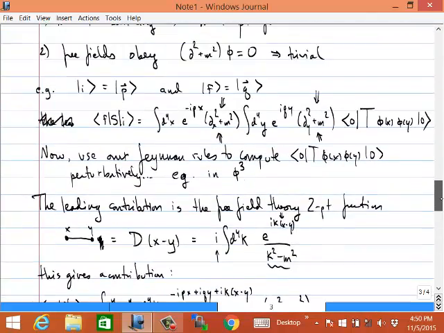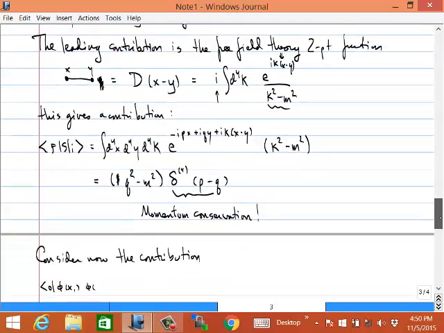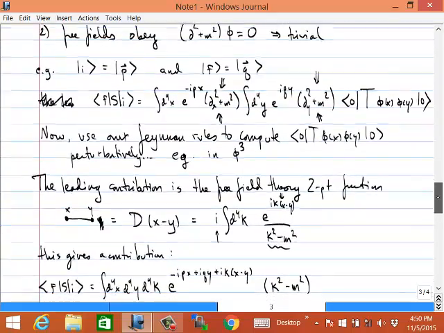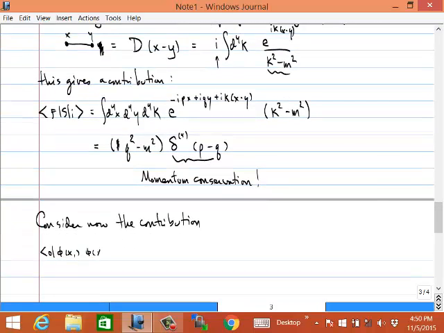Oh shoot, I called them x and y here. You know what, I'm going to call them x1 and x2, because that's the notation that we used when we were studying position space Feynman diagrams earlier.